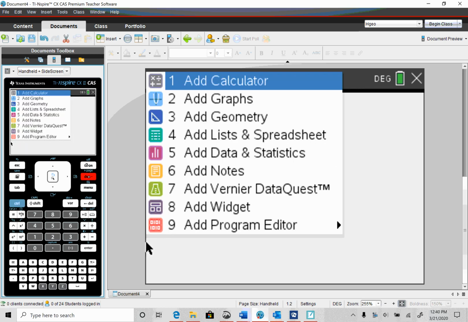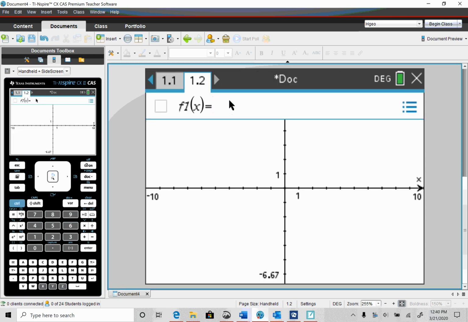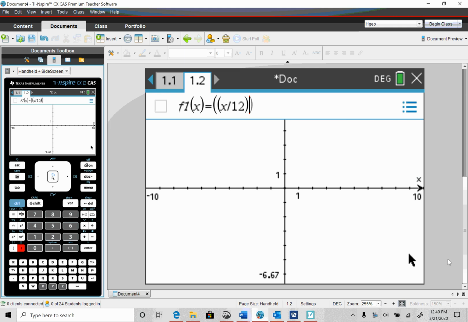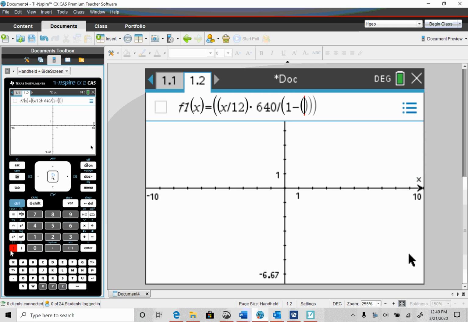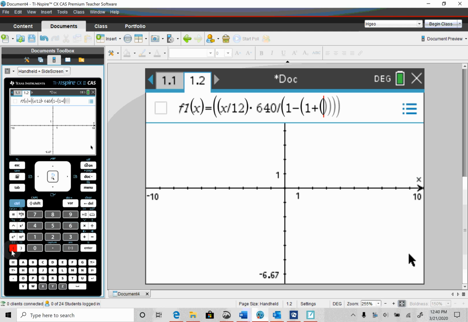I guess I could just add a new page there. All right, so for my goodness, that numerator is just wonderfully complicated. So we'll take x divided by 12. I'm going to put that inside a set of parentheses times 640 divided by, now I want a new set of parentheses here, 1 minus, more parentheses, 1 plus x divided by 12.